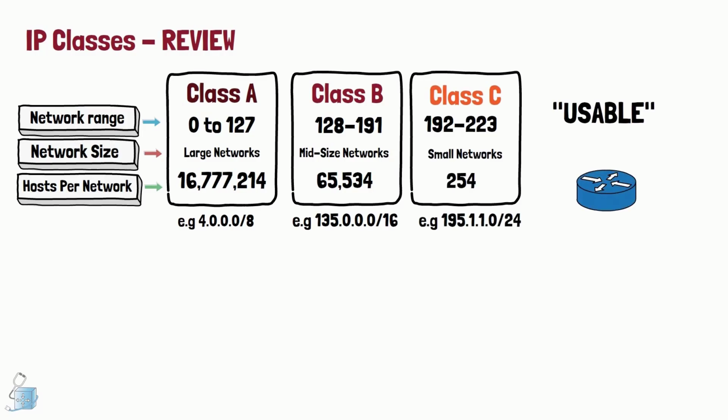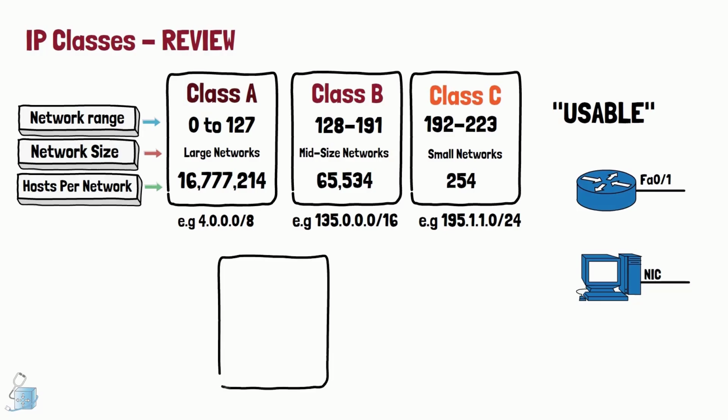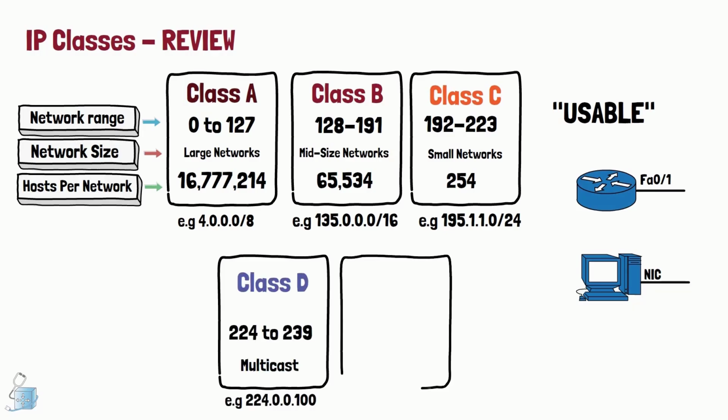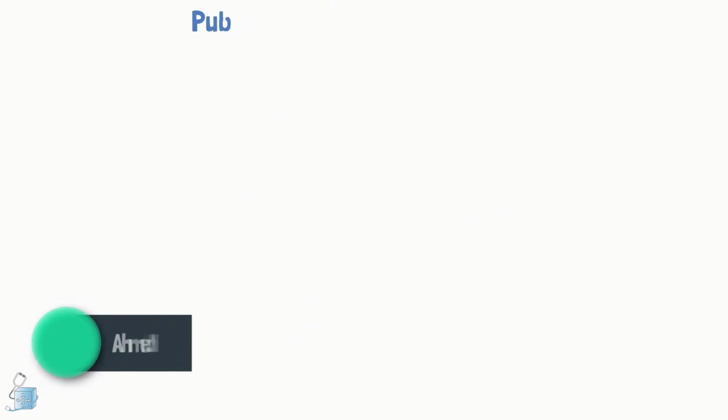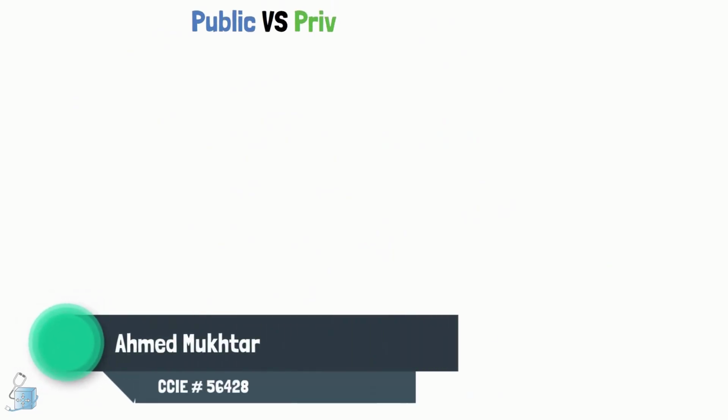These are the quote-unquote usable networks, meaning they can be assigned on a network interface card, or NIC. So our focus will be mainly on classes A, B, and C. Class D is for multicast addresses, which is a separate paradigm altogether, and Class E space is reserved for experimental purposes.